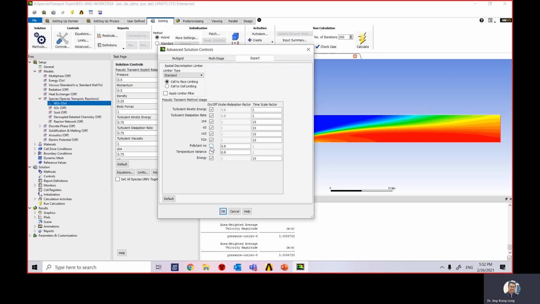We're going to enable pollutant NO, nitrogen monoxide, meaning one nitrogen atom plus one oxygen atom, pollutant NO. So you're going to activate pollutant and temperature variance. And then we're going to increase these two to 10, yeah? After that, click OK.